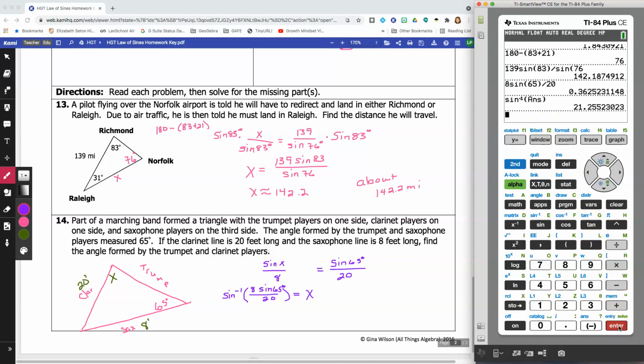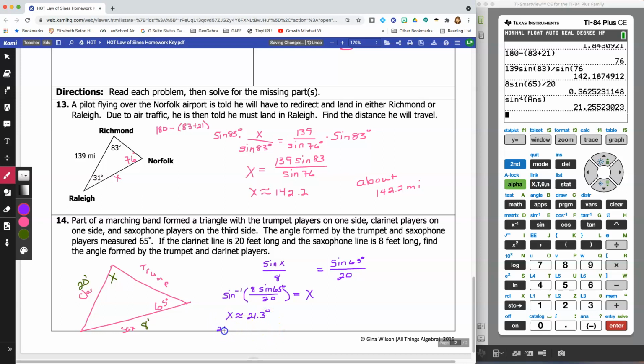And so what I find is that the angle that we're looking for, the angle formed between the trumpet line and the clarinet line, is approximately 21.3 degrees. Now, let's double check.